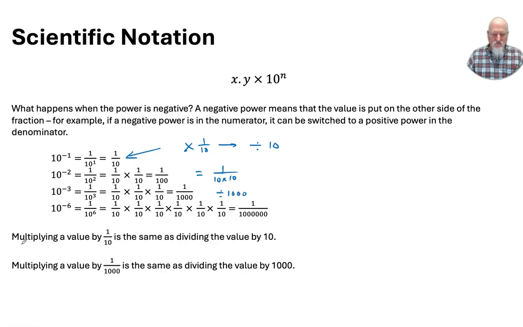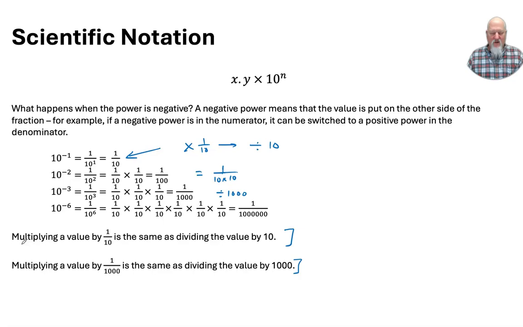Okay? So you can see when we have 10 to the positive power, we're multiplying by 10 that many times. And when we have 10 to a negative power, we're going to divide by 10 that many times. What we're simply doing is shifting the place where the decimal is. Okay? And like I said, multiplying by 1/10 is the same as dividing by 10.